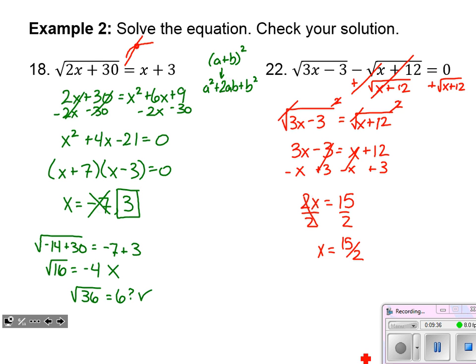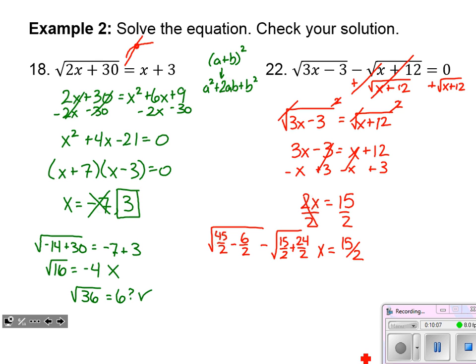So first, I've got the positive square root of 15 halves times 3 minus 3. This would be one where I'd probably use the calculator, just because the mental math is kind of tricky. So I got the square root of 45 halves minus 6 halves, minus our second square root, 15 halves plus 24 halves, if I get common denominators there to add the fractions mentally.